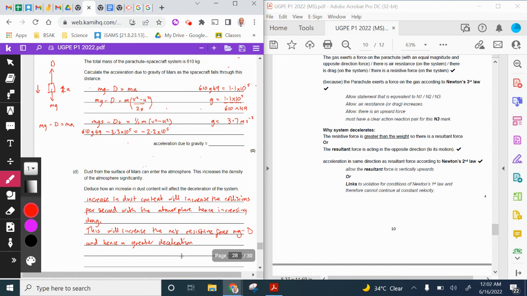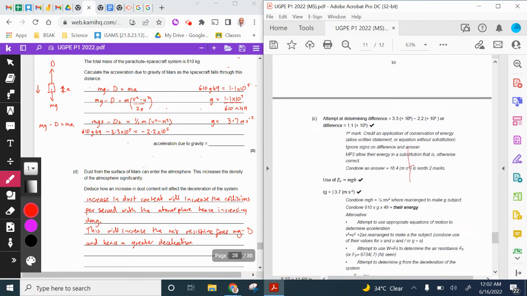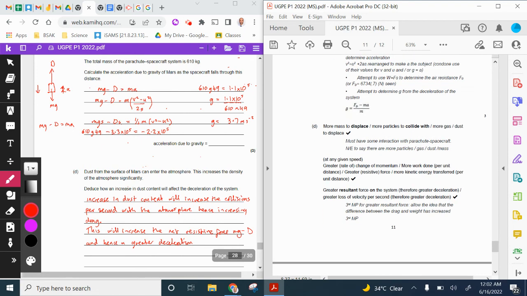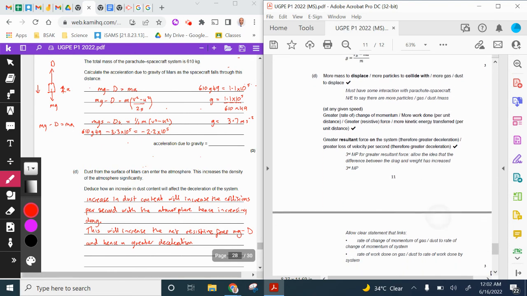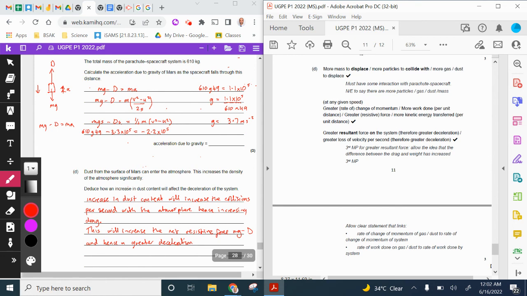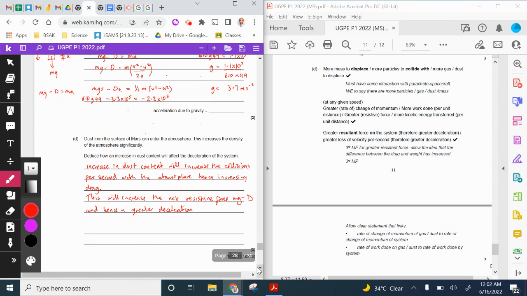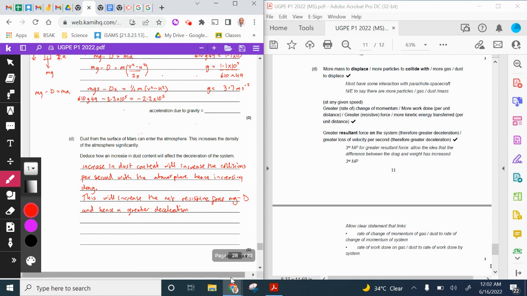So again, your mark scheme will use a few different techniques of saying the same thing. So here you've got several options in the way to say the same thing, but cross-check and check if you've picked up some marks on that. And if you haven't, that's the idea behind this question.